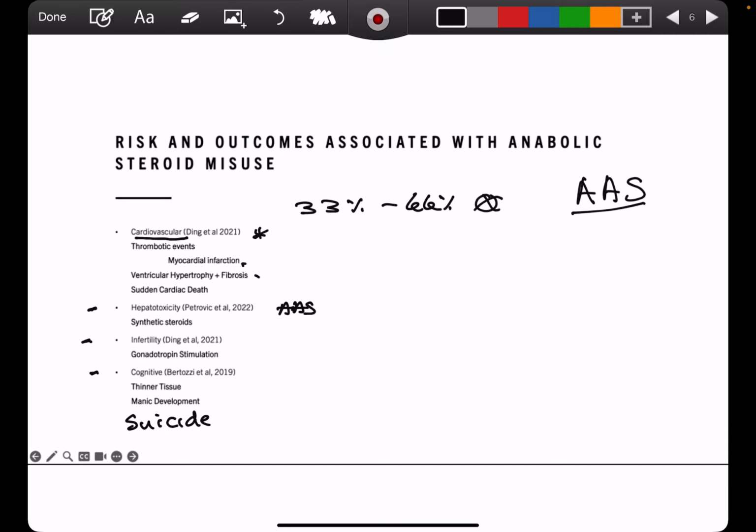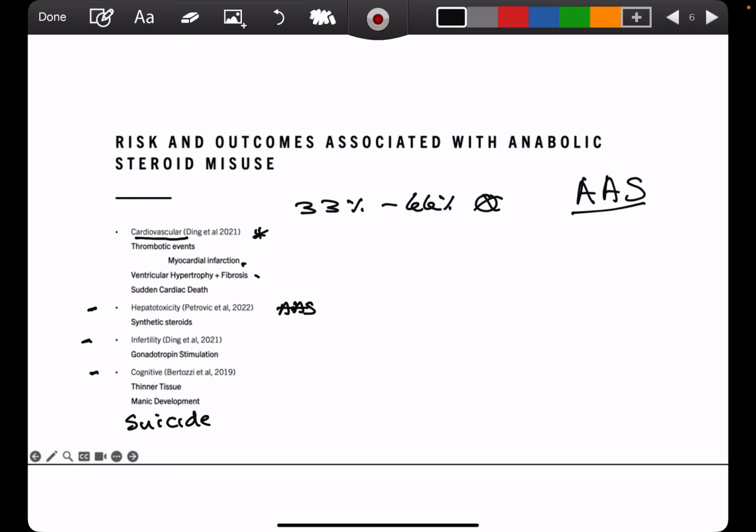Inhibiting those two things reduces natural Leydig cell testosterone production. Thus, there's no transfer of testosterone into the Sertoli cells to help with germ cell and sperm maturation, leading to that infertility. And then cognitive issues.